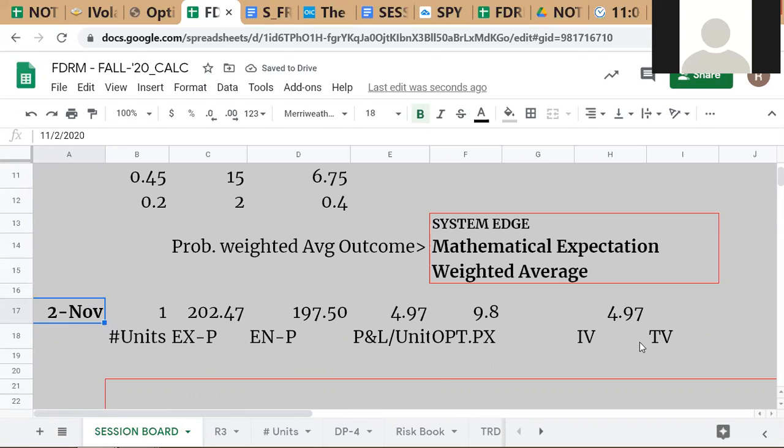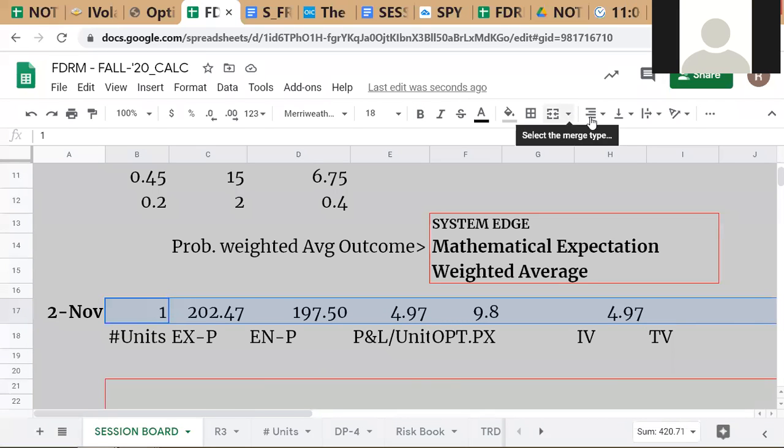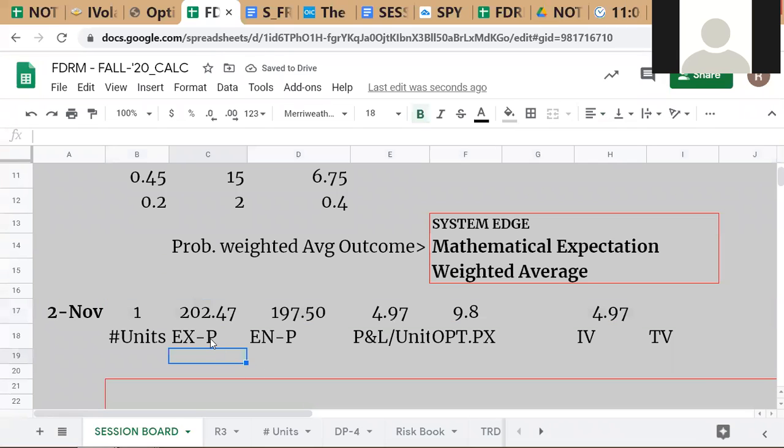Let me center all this stuff here, it looks better.